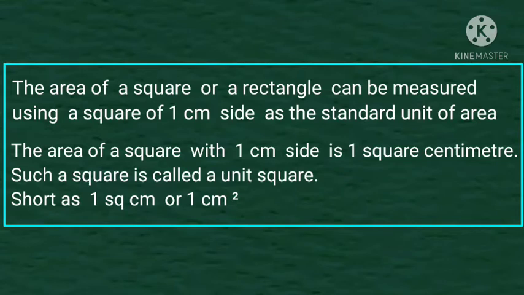Such a square is called a unit square. We write it in short as 1 square centimeter or 1 centimeter square. Dear children, please note that area is expressed in square units, square centimeter or square meter.